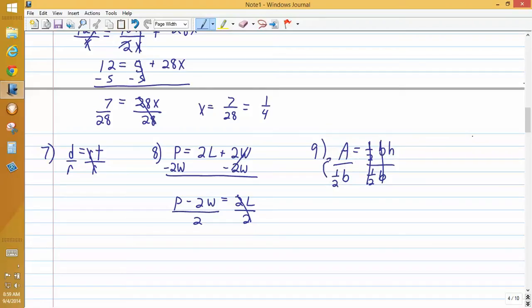So what you have to do is flip the fraction and multiply. That doesn't affect the B. The B still stays in the denominator. You just need to take this fraction and flip and multiply. So you get H equals 2A over B. That's because we flip and multiply. And that's your answer.